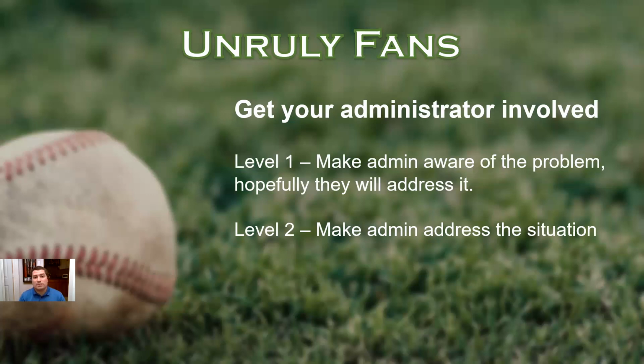You might say something like, you need to have a conversation with him that we are not going to tolerate that here, or that is unsporting and not in the spirit of the game. Something specific: this needs to be handled. Again, the admin will handle it in their own way. Sometimes they talk to the fans. Sometimes they remove the fan on their own. That's my favorite kind of administrator, but it's up to them how they want to handle it.